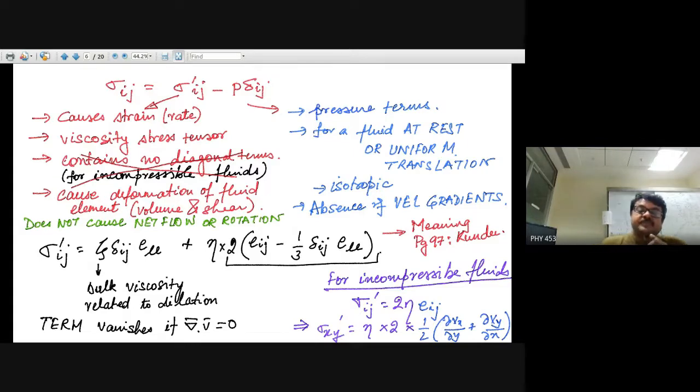But these forces will act in such a way that the stress arising from this will not lead to any volume change.